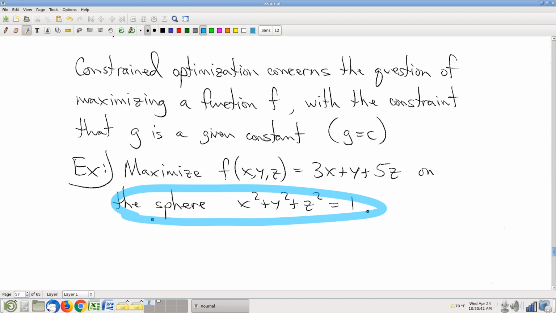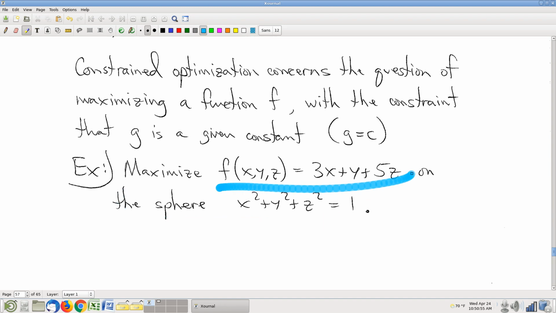So you don't really have a point of view that makes it clear that there is no answer. There may be an answer. There may be a maximum value of this function subject to this constraint. Okay. So the question is, how do we find points that achieve that maximum if it exists?